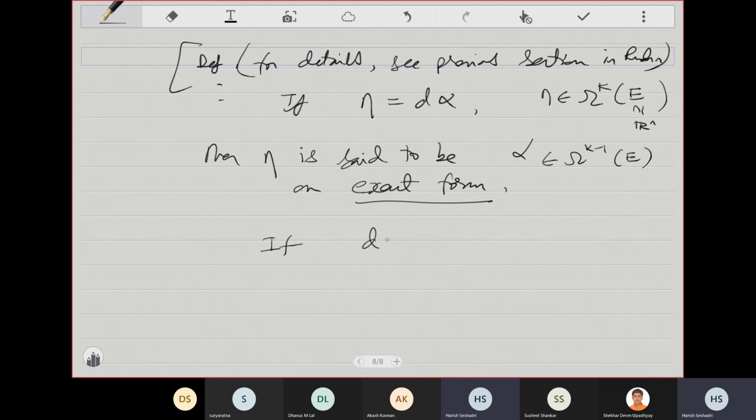If d eta is equal to 0, then eta is said to be a closed form.